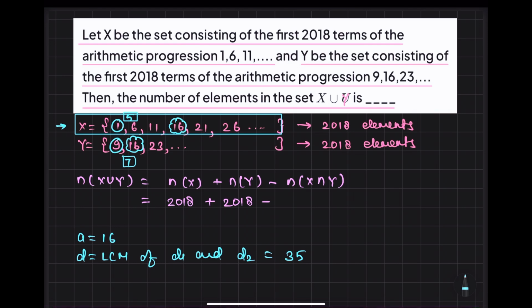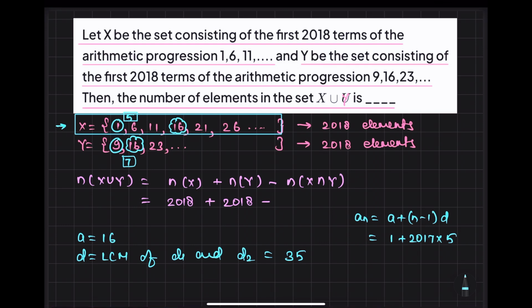So now we will find the last element of set X. An is a plus n minus 1 times d. The number of terms n is 2018, so n minus 1 will become 2017. Here a is 1, and we have 2017 times the common difference, which is 5.